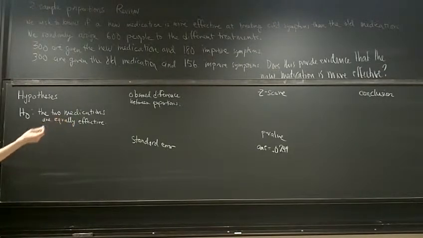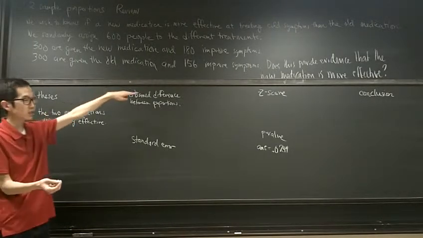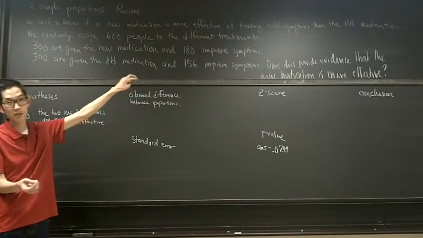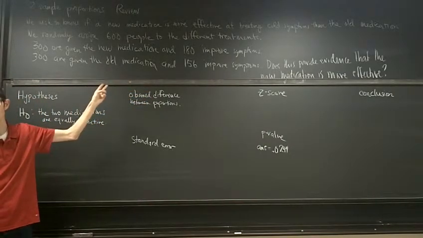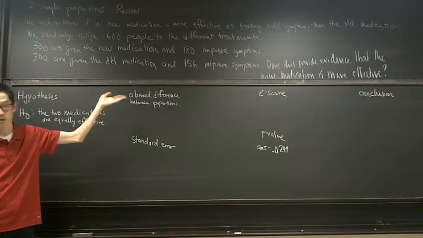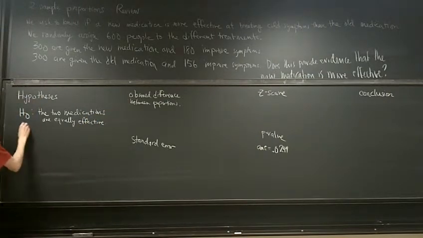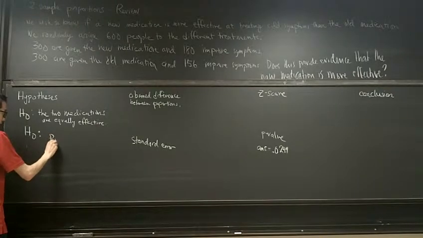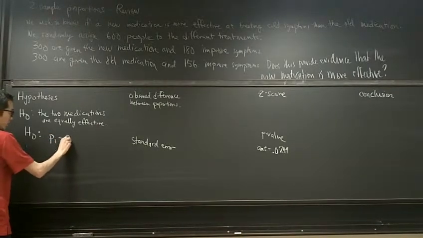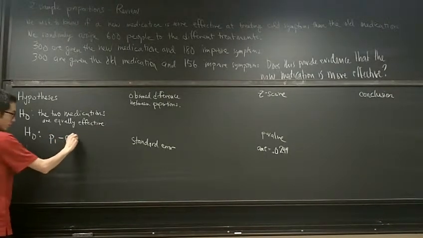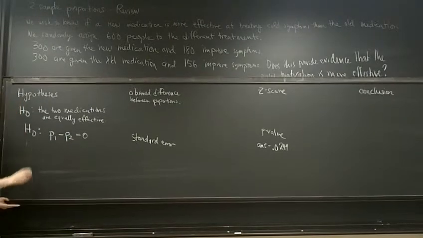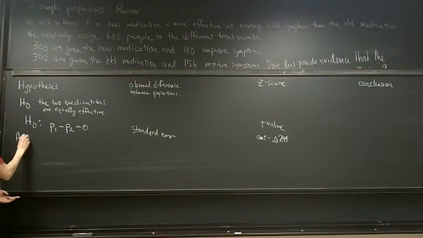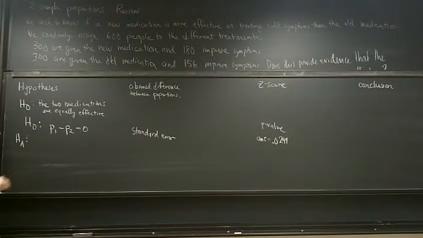So in this case, if the two medications are equally effective, the two proportions should be the same, right? There should be no difference between the two proportions. So my null hypothesis is that P1 minus P2 equals 0.